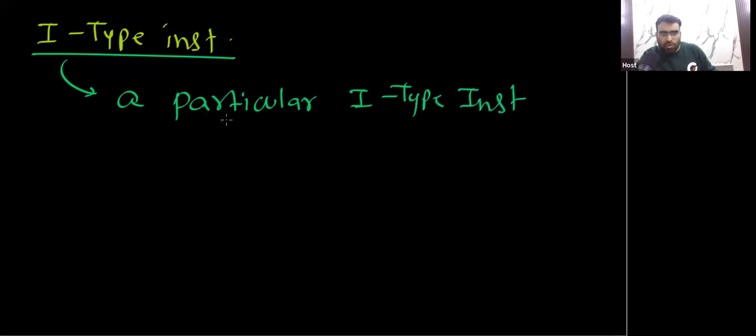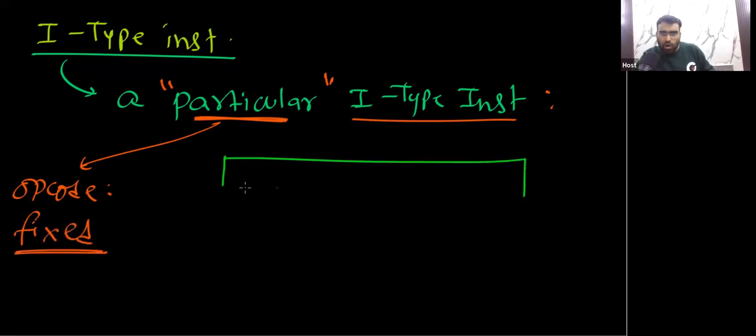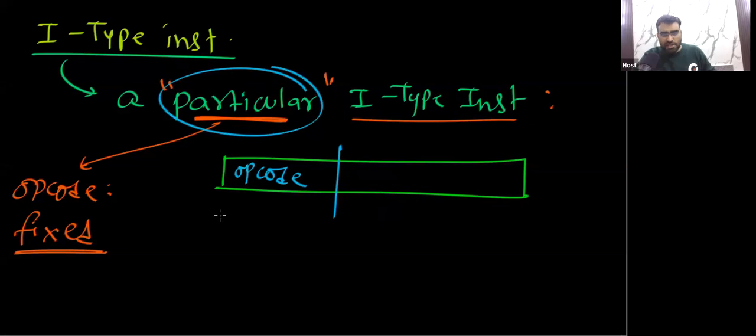Now, in this particular instruction, because you have a particular instruction, the opcode will be fixed. Agree with me? So remember, here the opcode is already fixed, because I'm discussing a particular instruction.